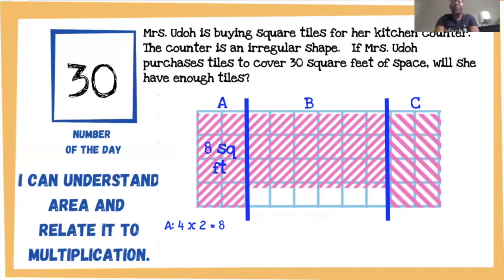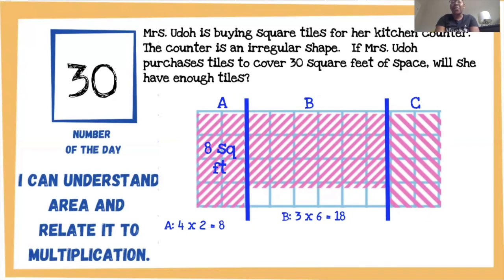Great job. Well, what about rectangle B? You guessed it, we're going to multiply 3 by 6. So 3 times 6. Well, what does that give you? Exactly. 3 times 6 is 18.